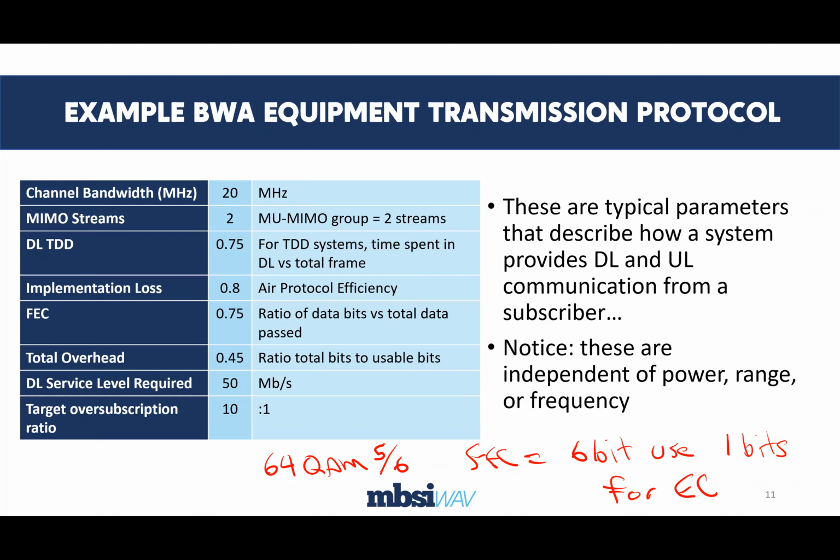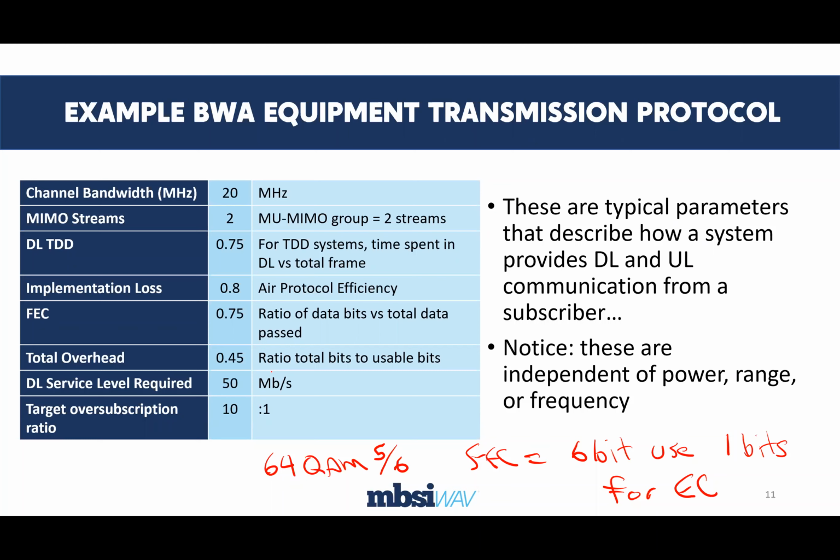So my forward error correction here, I'm going to assume that there's an average of 3/4 across all of my modulation levels. So I can be as high as 5/6. I can be as low as 1/2. QPSK 1/2 is oftentimes the lowest.